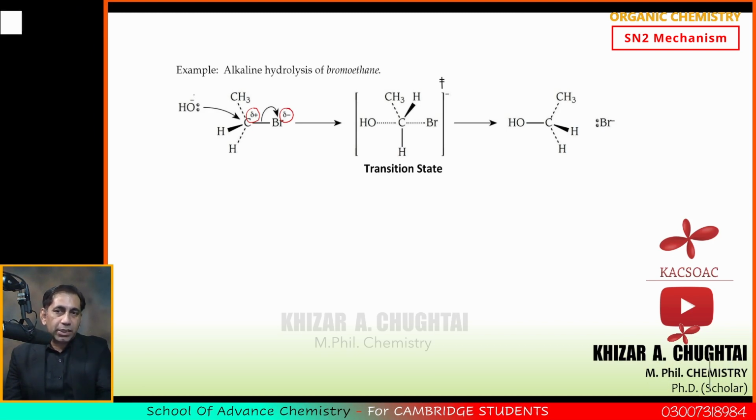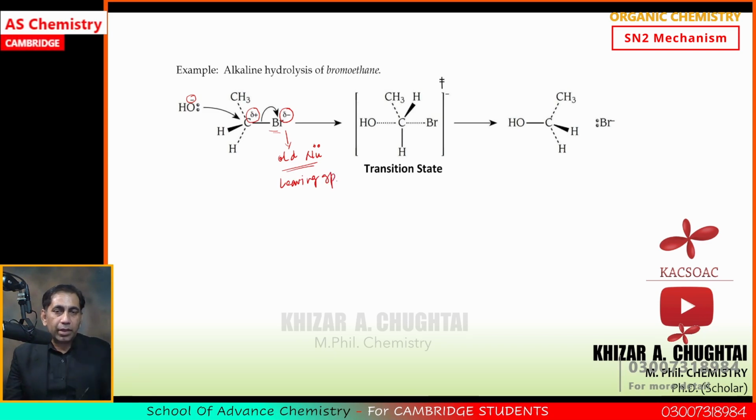And this is the new incoming, attacking nucleophile, which is going to attack from the backside of the old nucleophile. This is a shortcut notation of the old nucleophile, also said to be the leaving group.